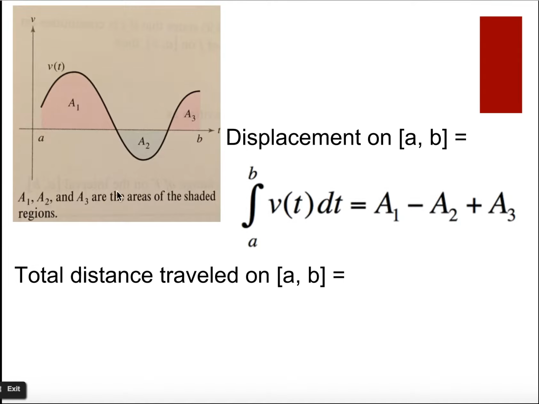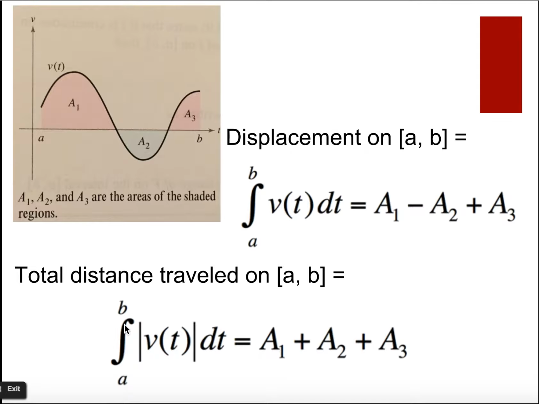But if we're talking about the total distance traveled, this object has positive velocity, which means it's moving away from its reference point, and then it has negative velocity, which means it turned around, and so we're going to count that as distance traveled, and then it turned around again to go away from its reference point. And so the absolute value from A to B would just be adding all three areas, ignoring that A sub 2 is a negative velocity.